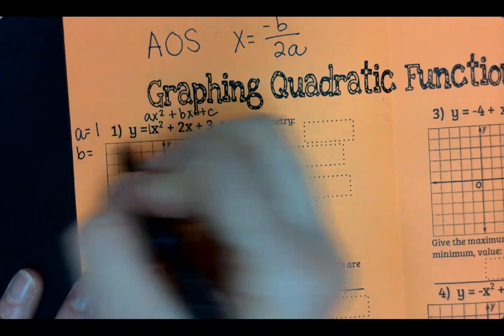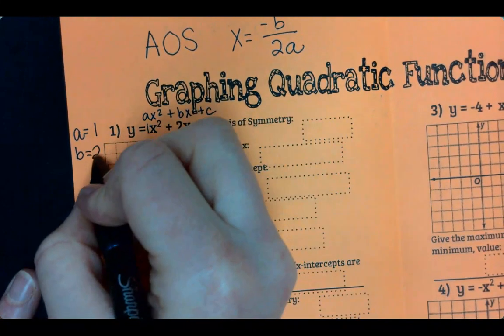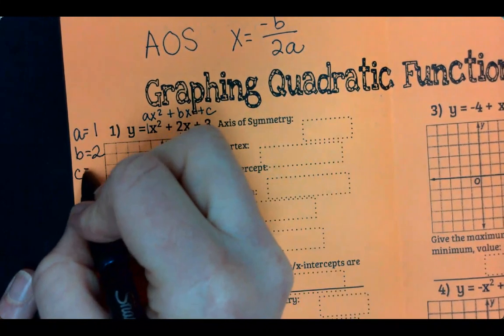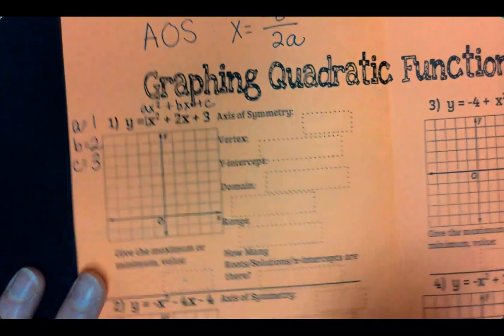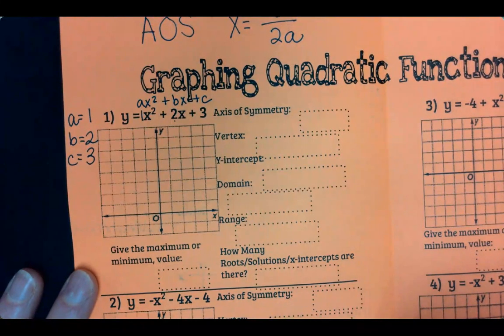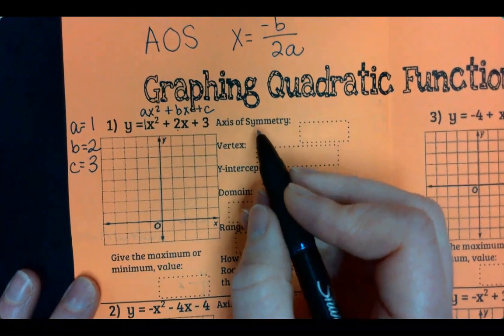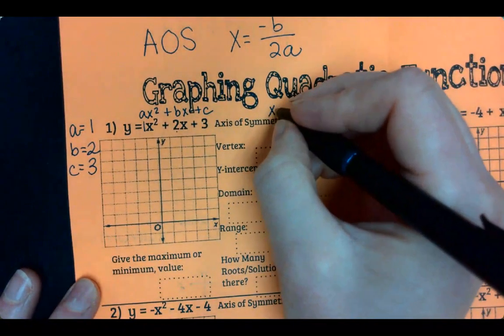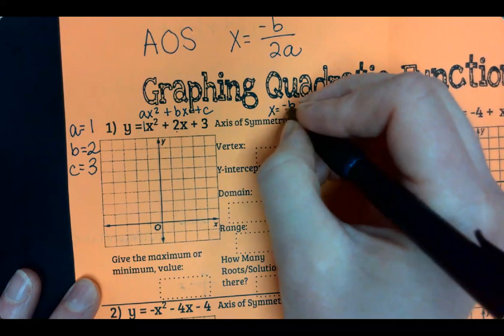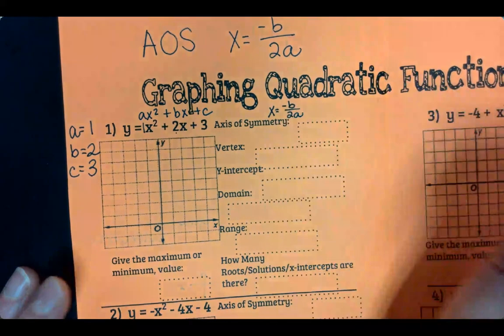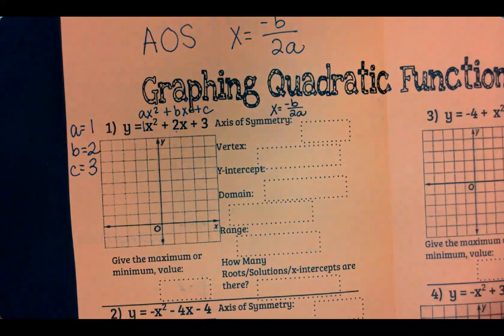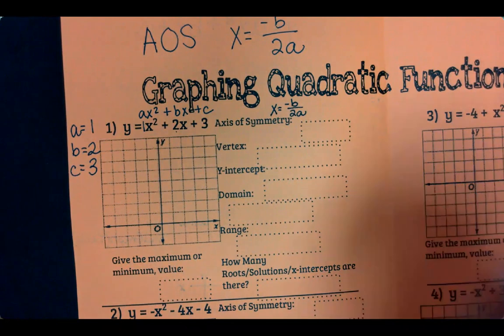And then b is 2 and c is 3. So they come directly from the function. So we'll find the axis of symmetry by plugging into the formula. So x equals negative b over 2a. That's just a formula on your formula chart, not something you have to memorize.